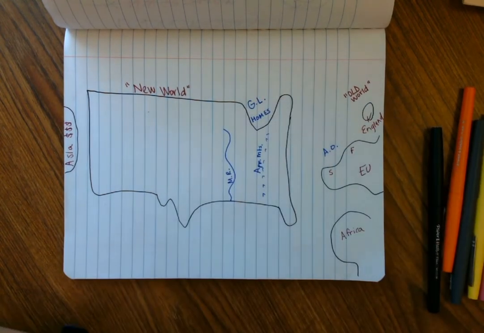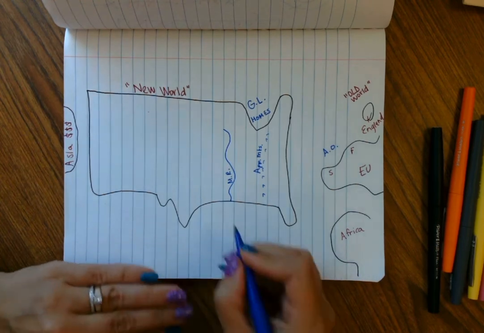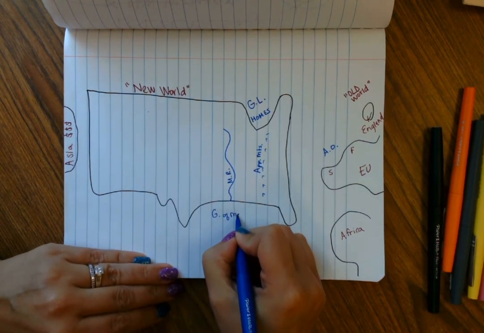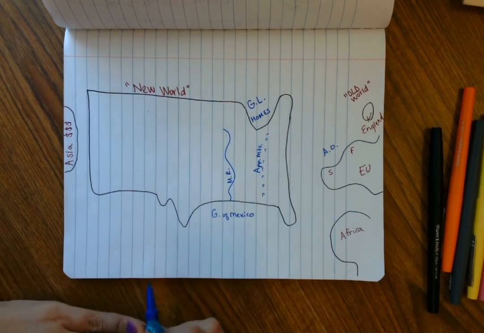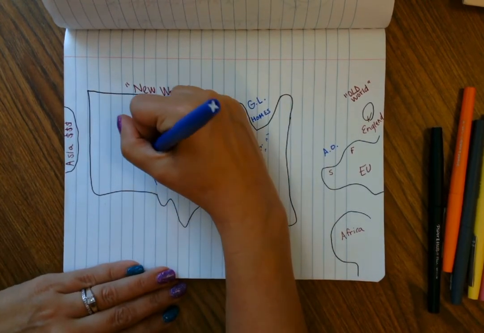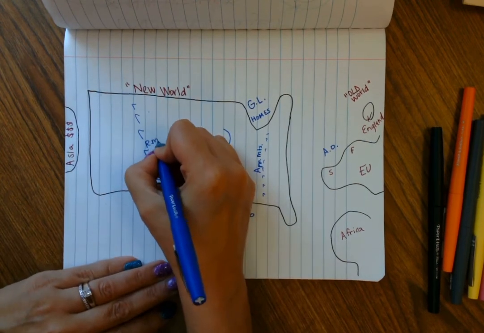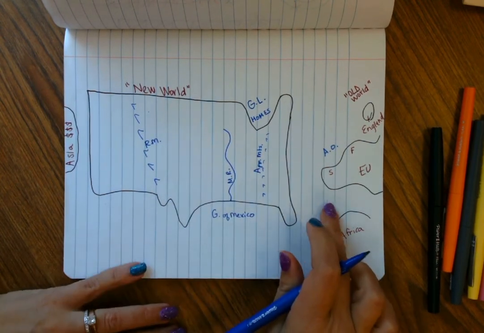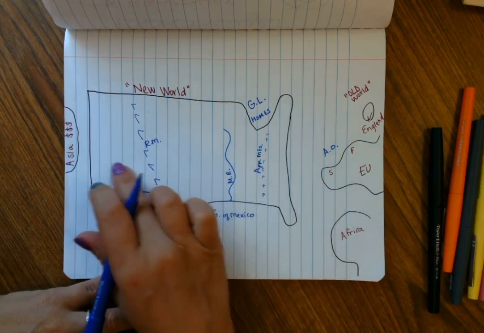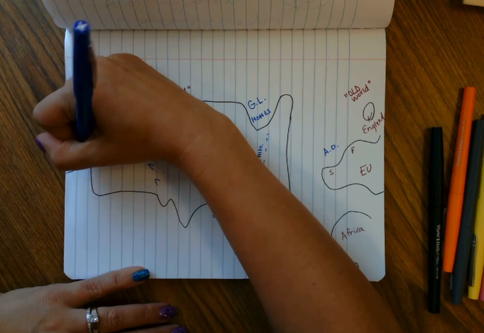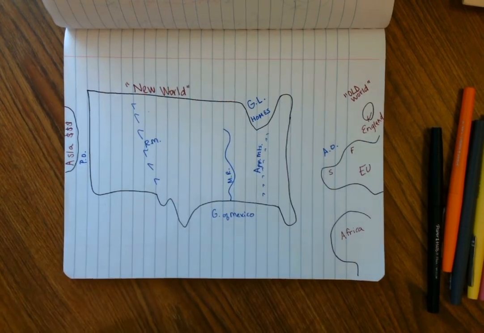I'm just abbreviating that one. The Mississippi River flows into the Gulf of Mexico. Going further west still, our highest mountain range is, of course, the Rocky Mountains. And then Manifest Destiny, sea to shining sea, is going to be the Atlantic Ocean all the way to the Pacific Ocean. All right, that is our geography.